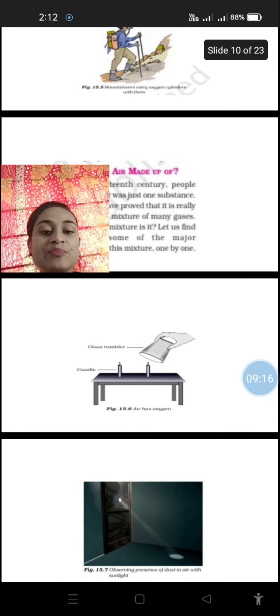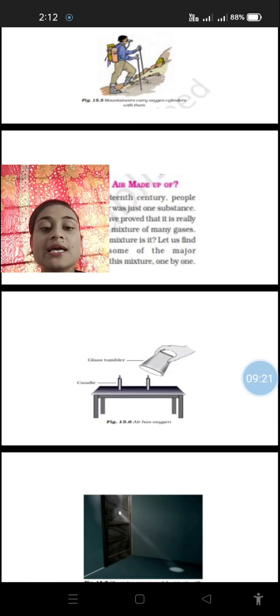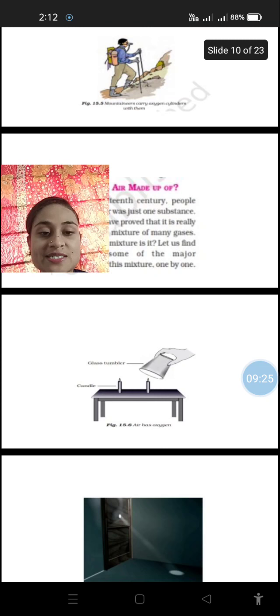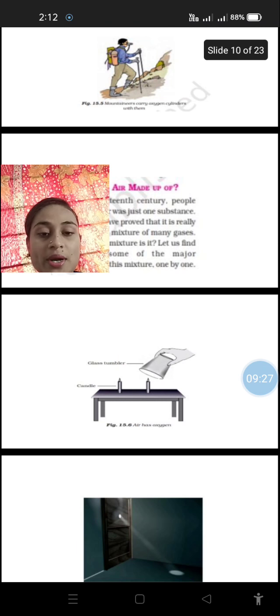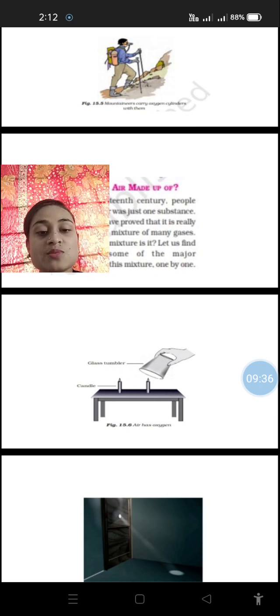As we had seen, air has oxygen. Obviously it has oxygen, and we can also know it by this experiment. In this experiment, a table on which candles are kept burning, and then we keep a glass tumbler over the burning candles.